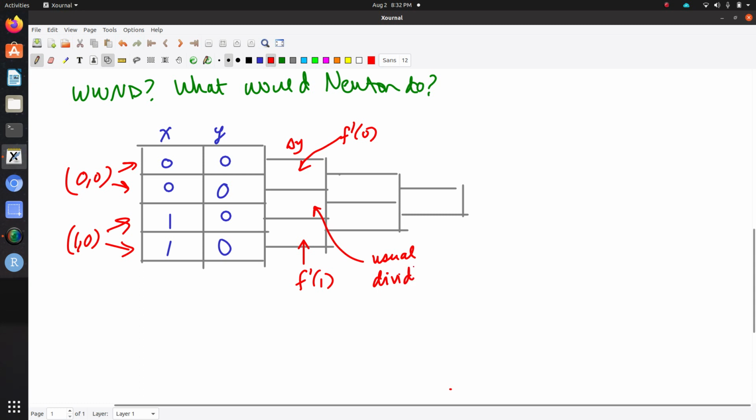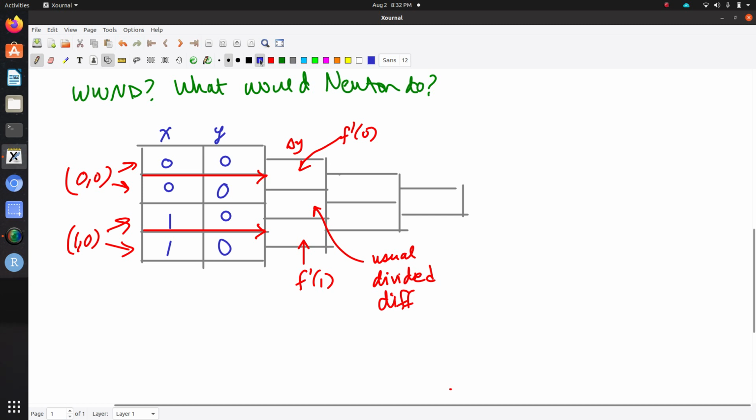Wherever your duplicated points are, that is where the actual derivative goes, and in between the steps, the usual divided difference goes there.